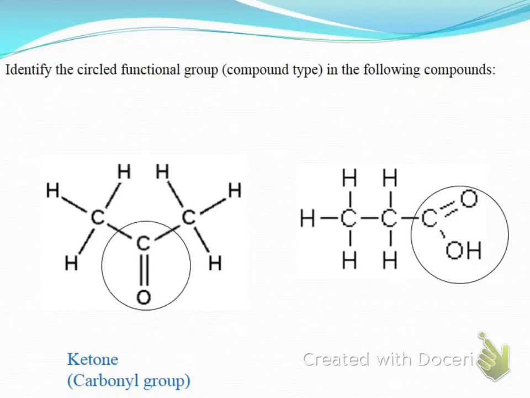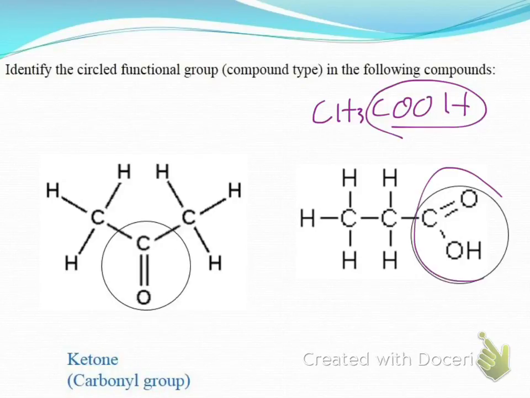Okay. The next one is C double bonded O, then OH. It's a carboxylic acid. That's what acetic acid is, or ethanoic acid. It is a carboxylic acid because, remember a while ago it gave you this way, CH3COOH.